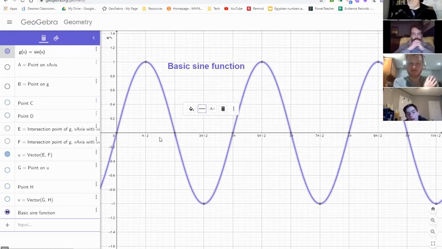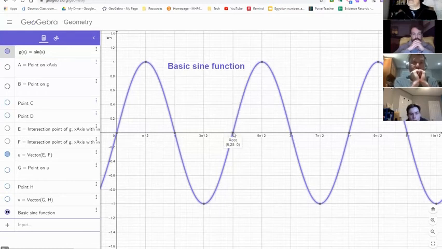It repeats. It's a wave that repeats. So right now, the distance that it takes for one cycle is 2 pi, right? Because we're all in radians, we're not in degrees anymore.